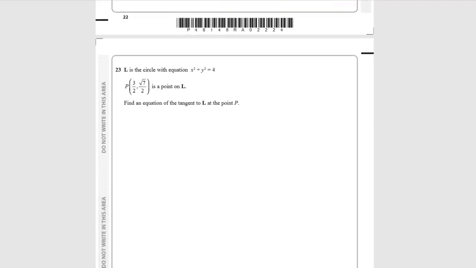Question 23. It says L is the circle with equation x squared plus y squared equals 4.